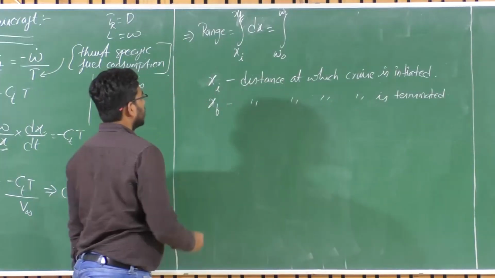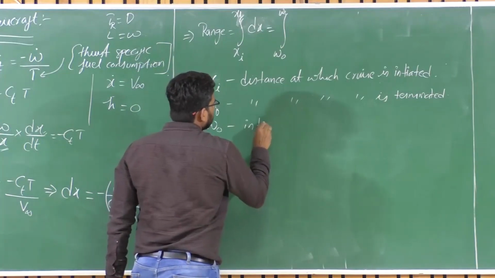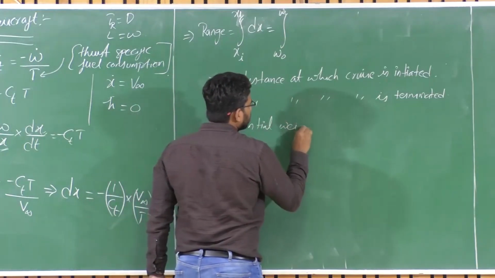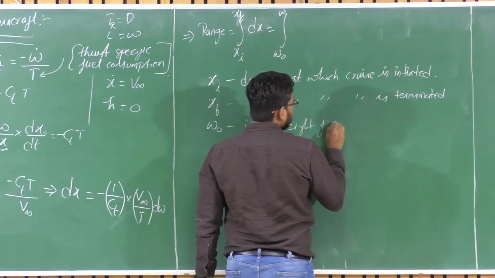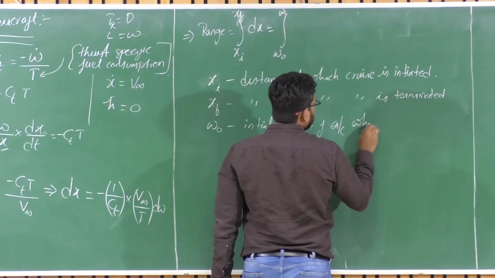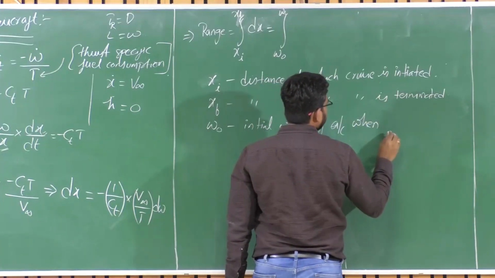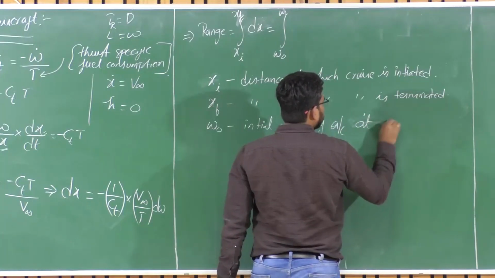And W naught is the initial weight of the aircraft when cruise is initiated, or at xi.